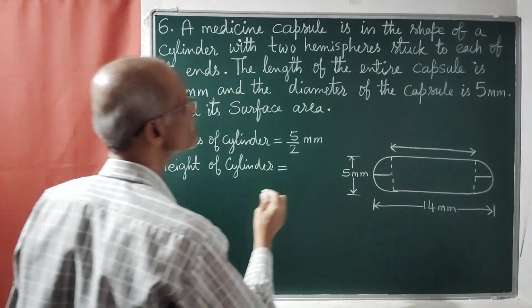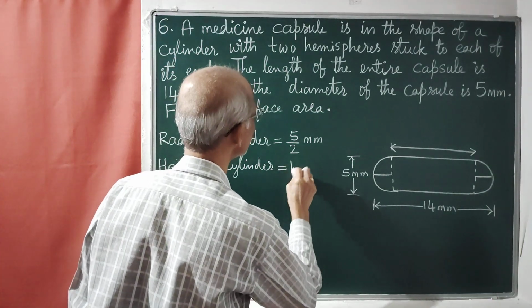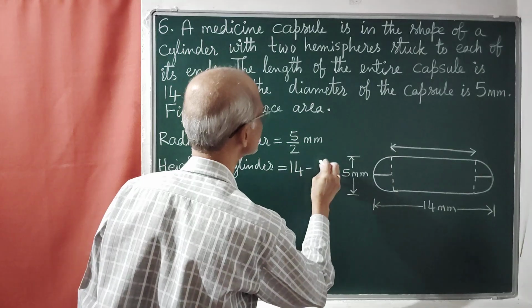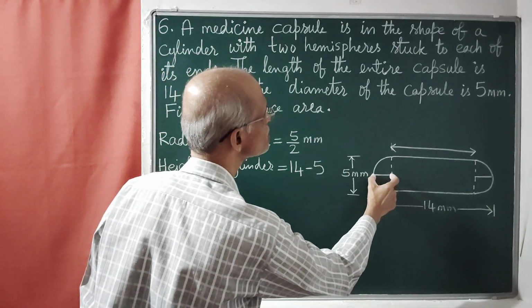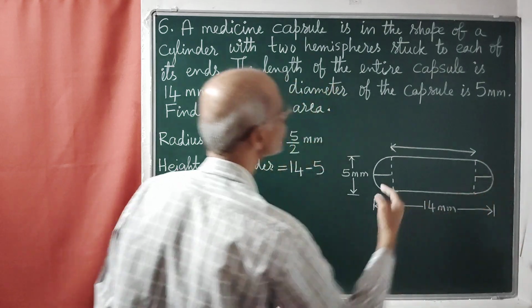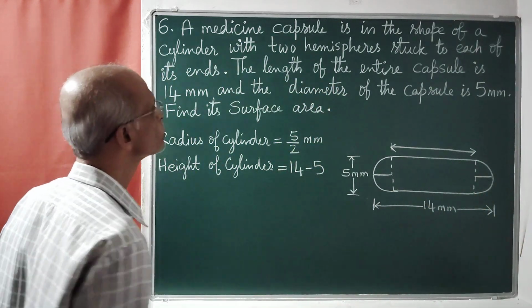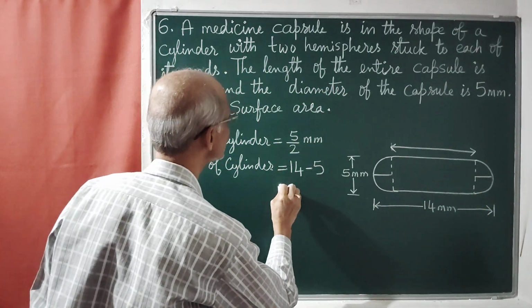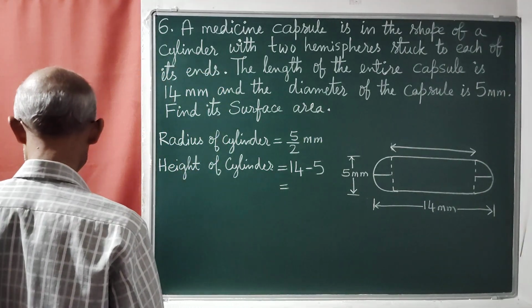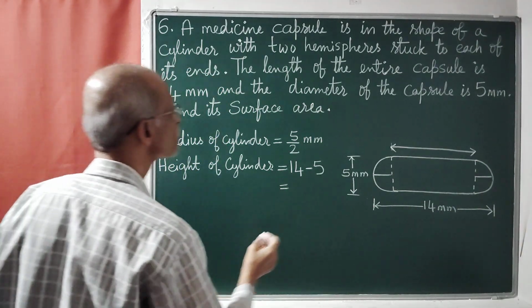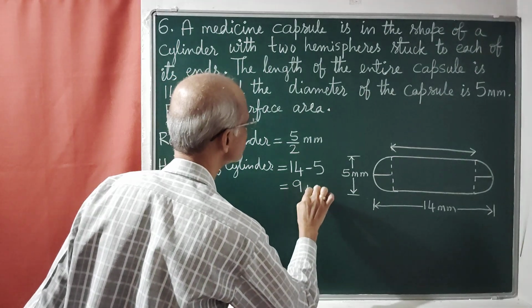So we have to subtract 14 minus 5, because 2.5 this side, 2.5 that side. Total we have to subtract 5 to get the height of the cylinder. So we will get 9 millimeters.